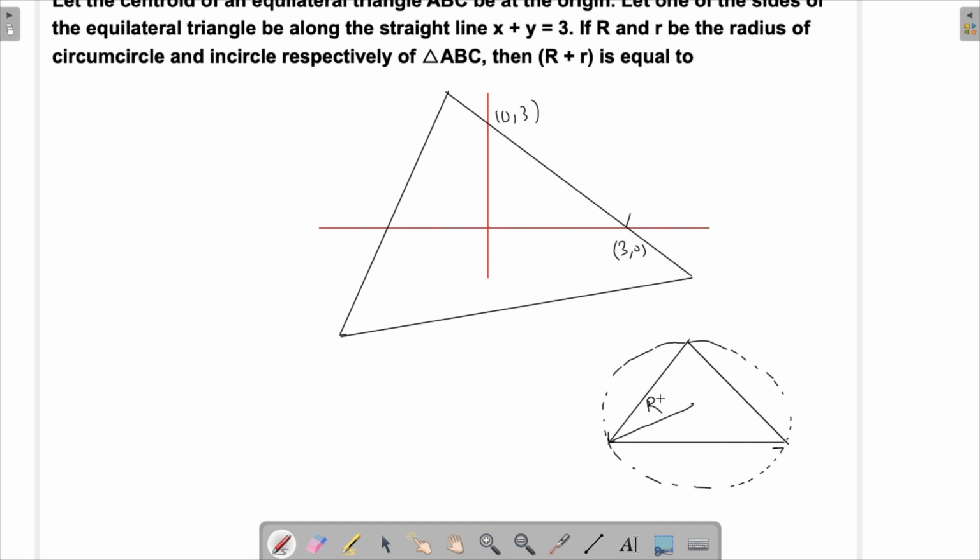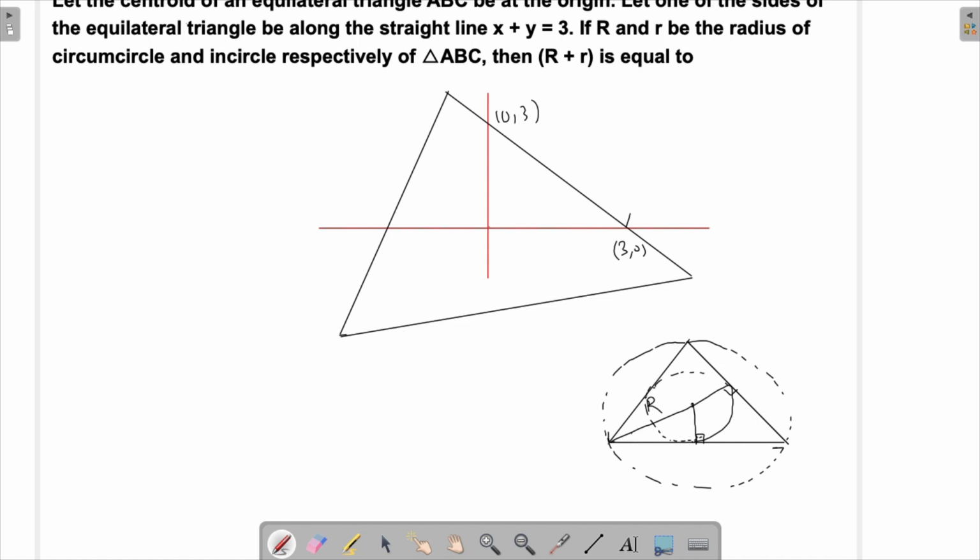In a similar manner, the incircle would be touching all these sides, right? And here too, if you drop a perpendicular, this is a tangent. This is also going to be a tangent. And then you could also figure out this being 90 degrees and this being a centroid also. And this could be the angle bisector as well, because this is where it is meeting.